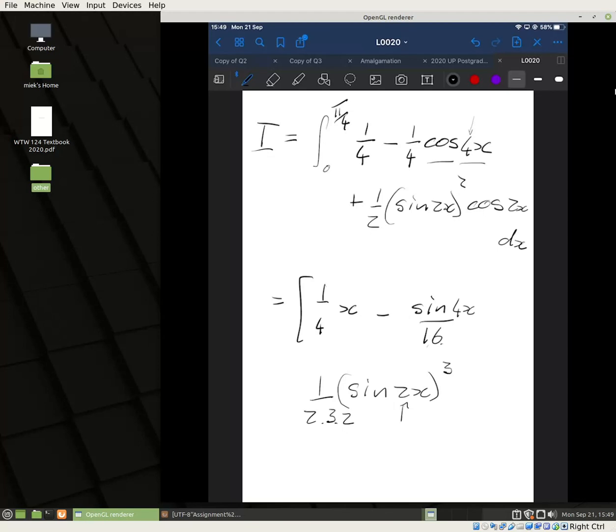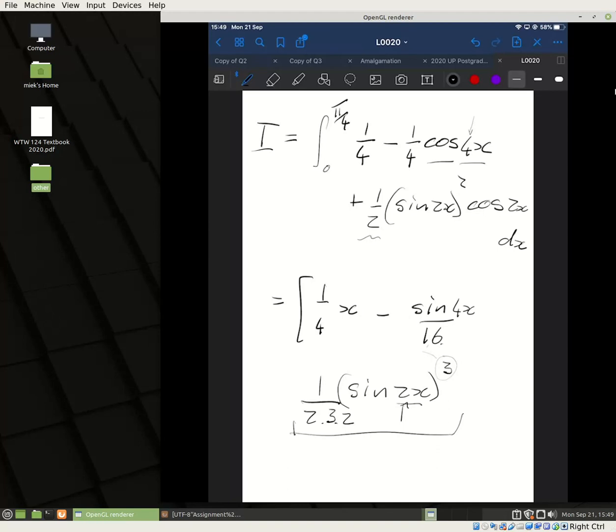So if we apply the derivative with respect to x, our 3 will cancel with that 3, and by the chain rule we end up with cosine 2x, and then again by the chain rule the 2 there, and this 2 will cancel with that 2, and we're left with the 2 that we had as the factor there.